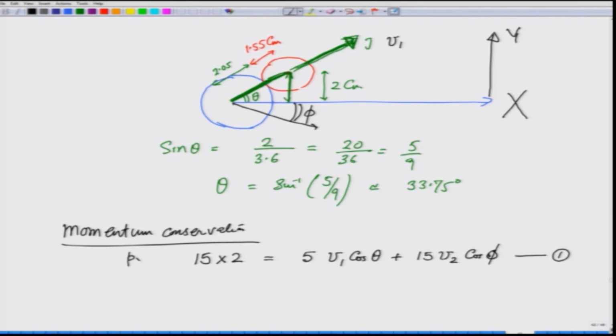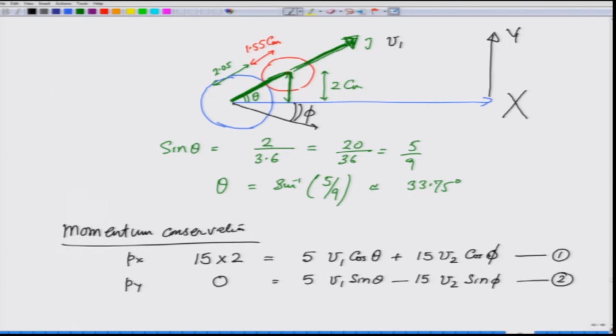So, this is Px. For Py, initial momentum in the y direction is 0, and this is going to be 5 v1 sine of theta, again anticipating that they will move in the opposite direction in the y direction, is going to be 15 v2 sine of phi. That is my equation number 2.